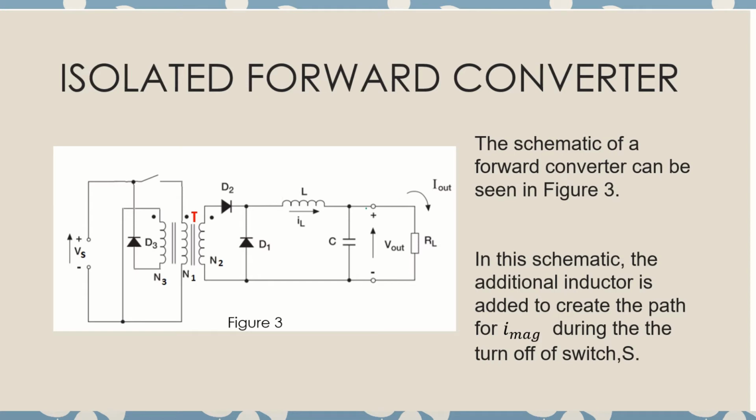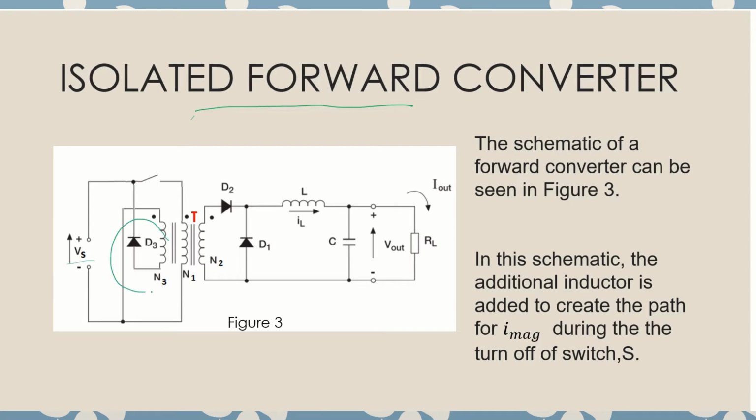Let's have a look at the schematic now. This is the complete schematic of the isolated forward converter. This is the schematic that you have to learn and know how to draw, unless it's provided in the final question, then you don't have to draw, otherwise you have to draw. So let's look at this schematic. What's new now?